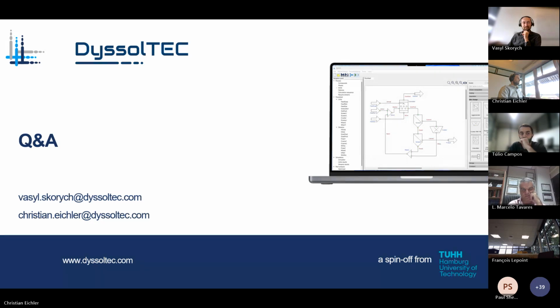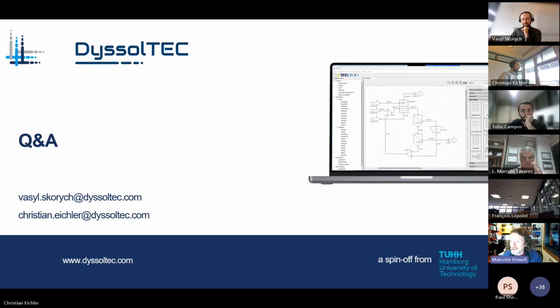Malcolm? Thanks, Vasyl and Christian. It's really nice to get that catch up, and when we encountered you some years ago, how far you've got. I'm quite interested in the data output side, because you mentioned that you can link it through Python and link it to output sources.